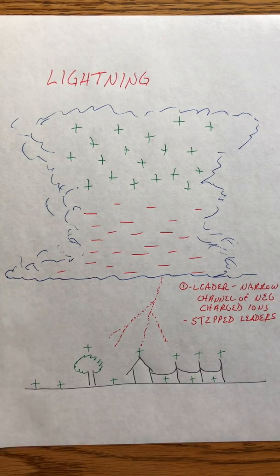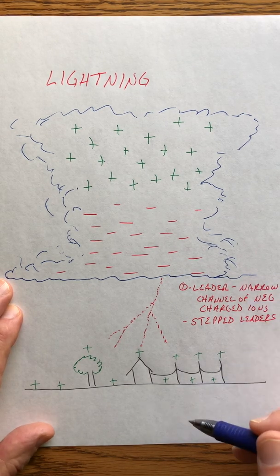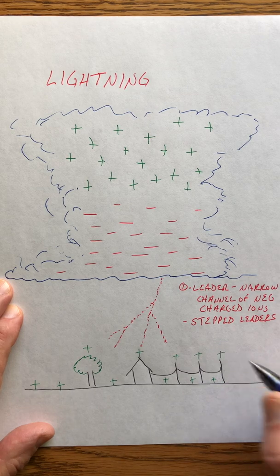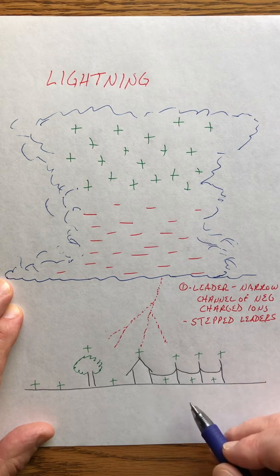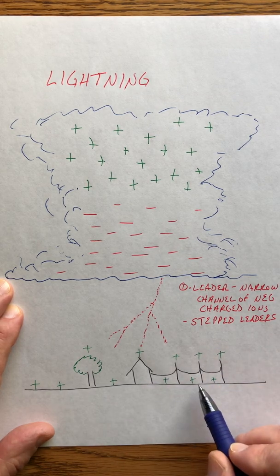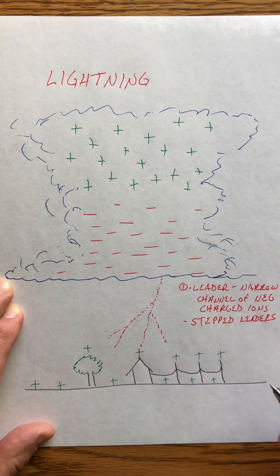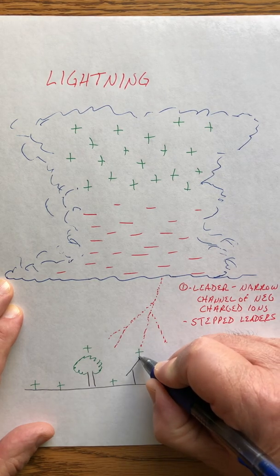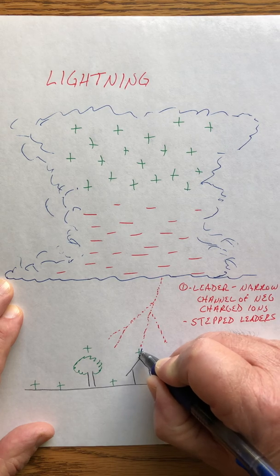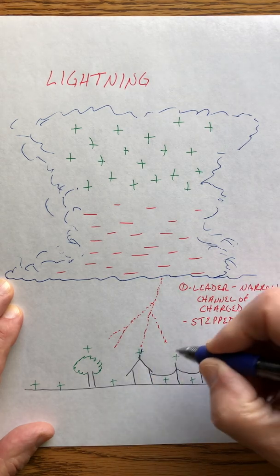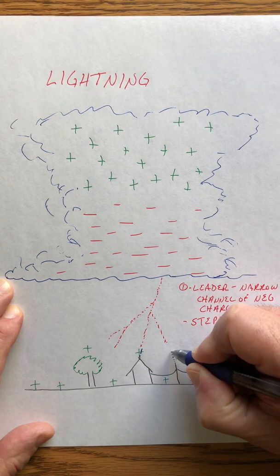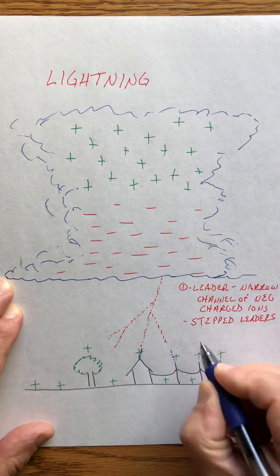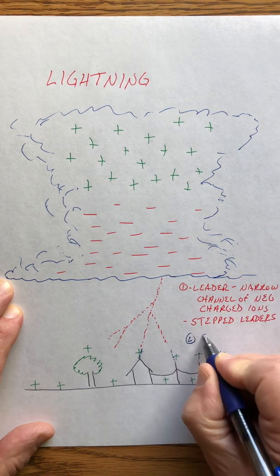Okay? So as the leaders, the negatively charged ions, stream down towards or surge down towards the surface, when they get close to the surface, it encounters the positive charges. Okay? And so those positive charges, as the negative ions get closer, the positive charges are going to be pulled up. We call those streamers.